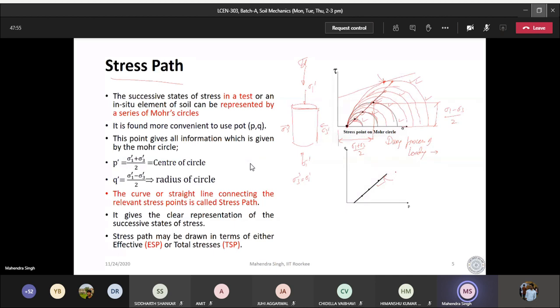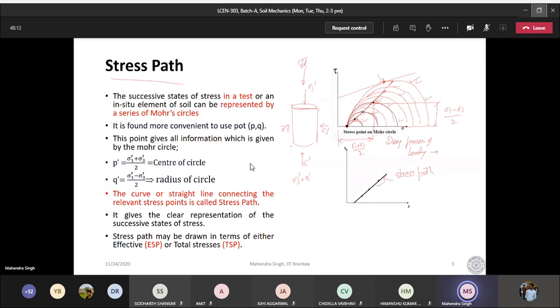And this particular curve is called the stress path. So this tells you how the stresses have been changing during the process of loading a specimen.